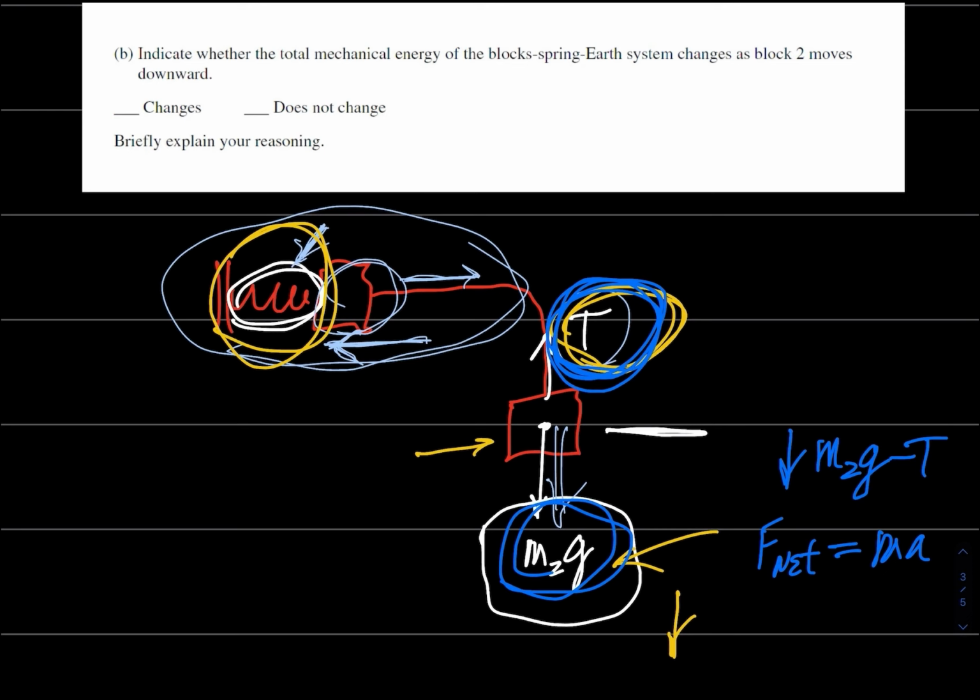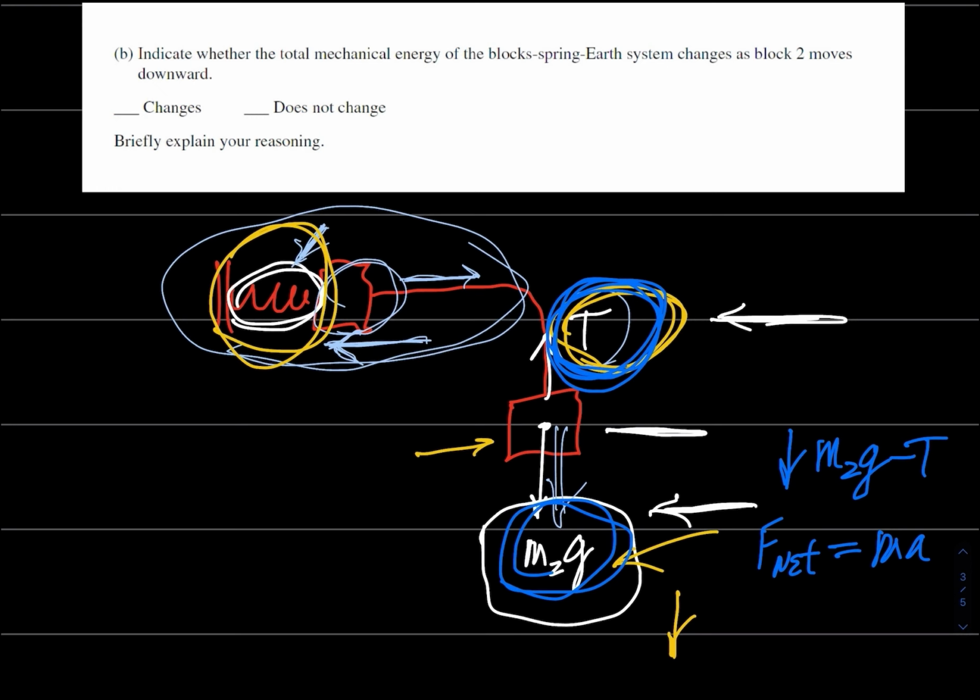It also said you got a point for a correct description of the relative magnitudes of the tension and the gravitational forces during the motion. Well, we did that. We talked about how the tension starts out less and gravity starts out more. And as it descends, the tension becomes more than gravity and slows and stops the block.